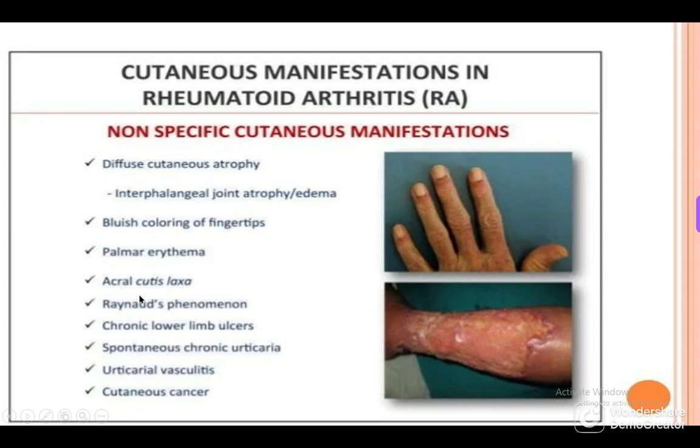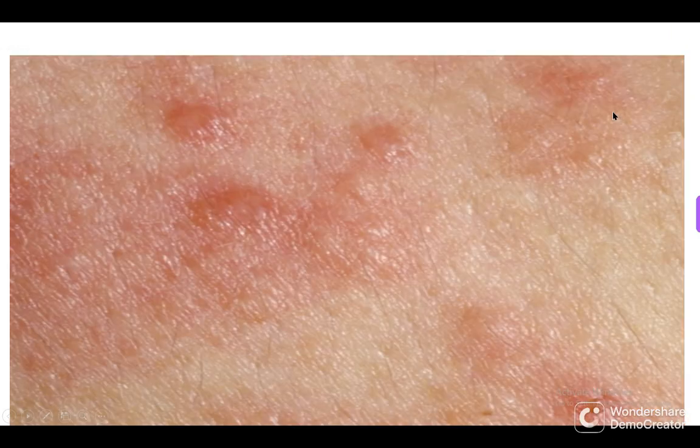Laxity of the skin is there, along with Raynaud's phenomenon, chronic lower limb ulcers, spontaneous chronic urticaria, urticarial vasculitis, and cutaneous ulcerations seen as a vasculitic phenomenon. If vasculitis occurs, then definitely there is edema, that is Lewis sign, and then it gradually caves in and is replaced by chronic inflammation and fibrosis.